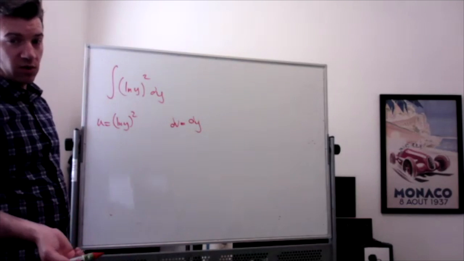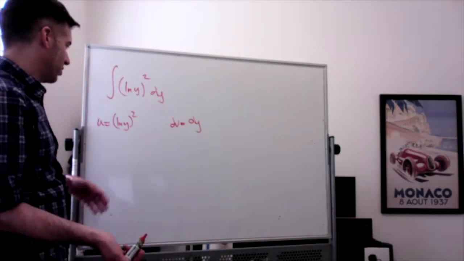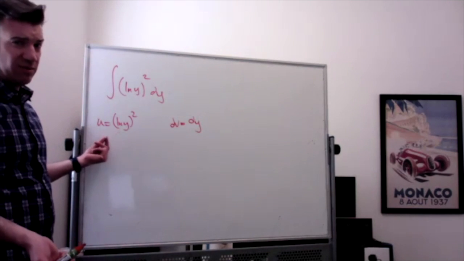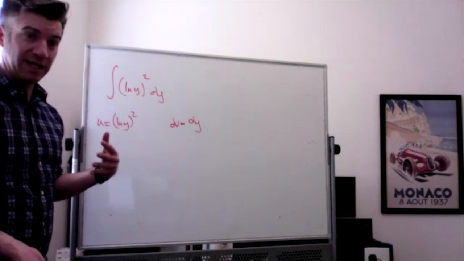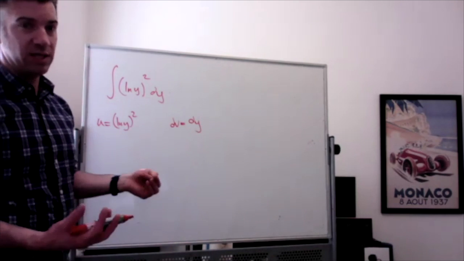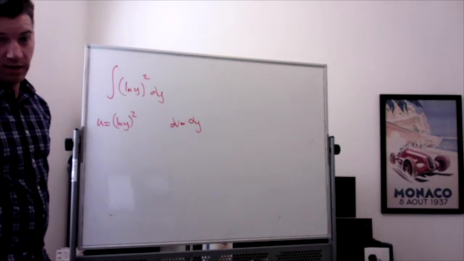Another option that wouldn't work is you could let u equal natural log of y and dv be the other natural log of y. The problem with that option is then you have to know how to differentiate natural log of y. We typically don't know that straight off the top of our heads. You might memorize it, but you might not.